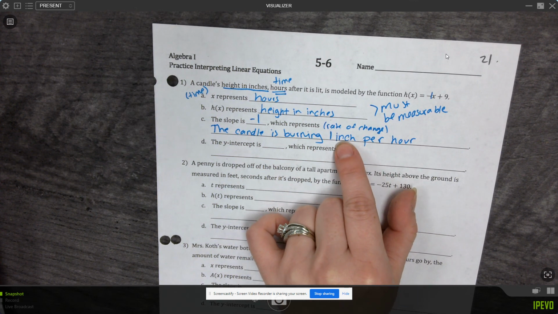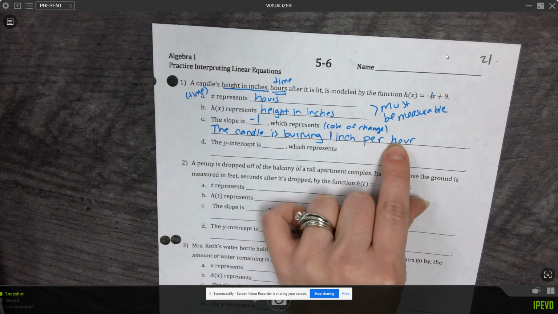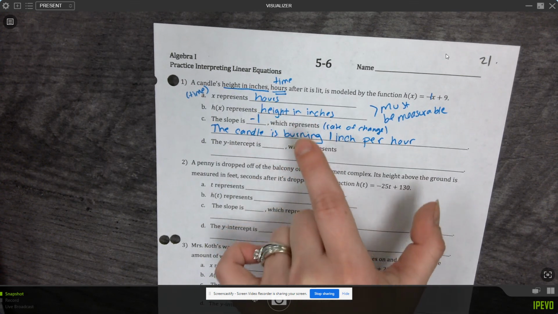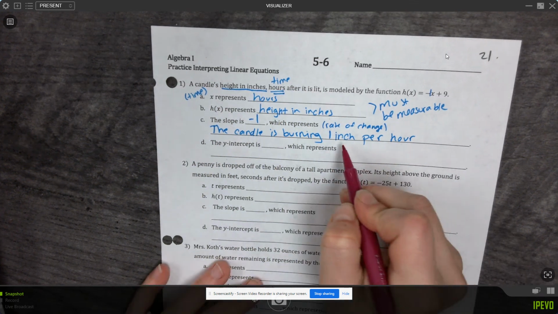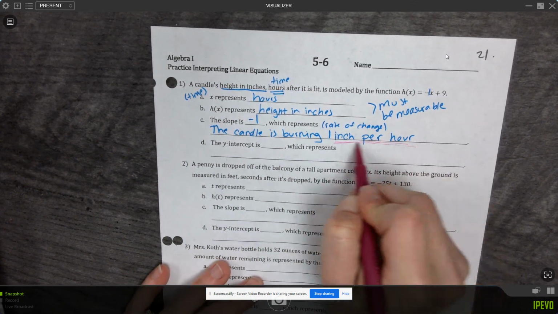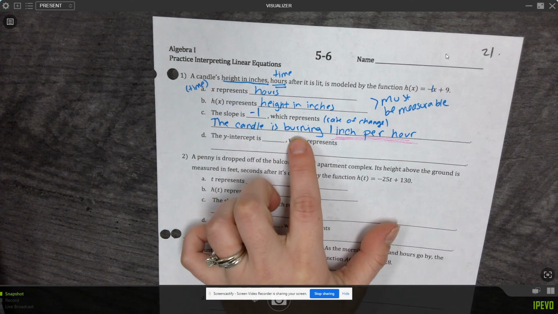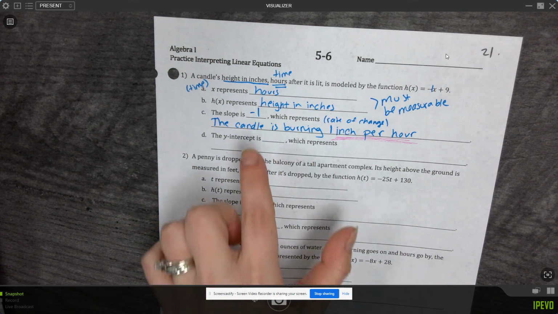And you put your h of x variable per your x variable based on what you had here. So inches per hour. So your slope should always have some phrase like this: inch per hour, miles per minute, people per classroom, something per something. And then you need to make sure you have a word that's telling me if it's going up or down. So it's burning lets me know it's going down.